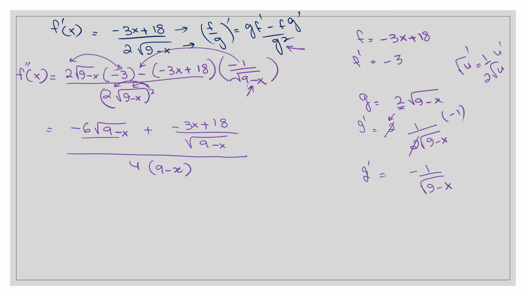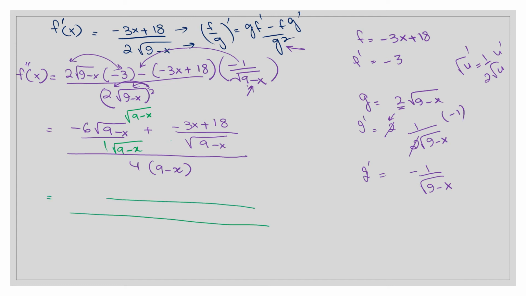Now what you will do, you will make the denominators alike for the multi-fraction of the numerator. So multiply and divide the first term with the square root of 9 minus x to make the denominators alike for the whole numerator.